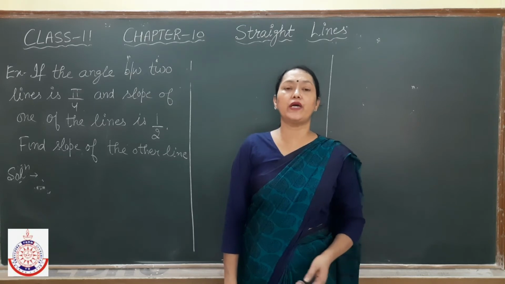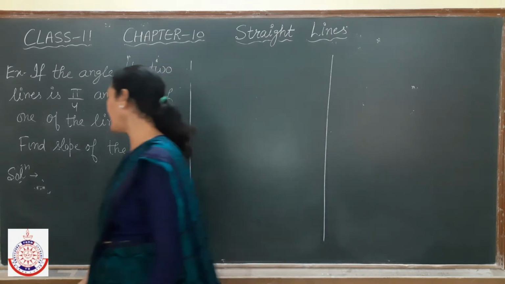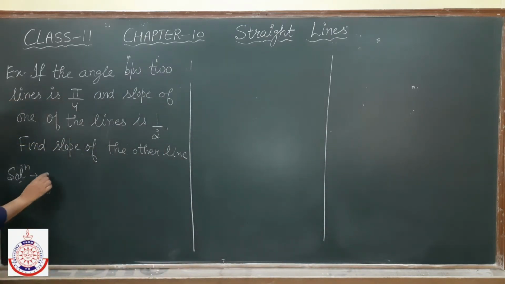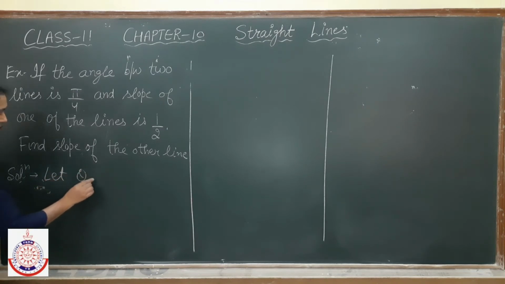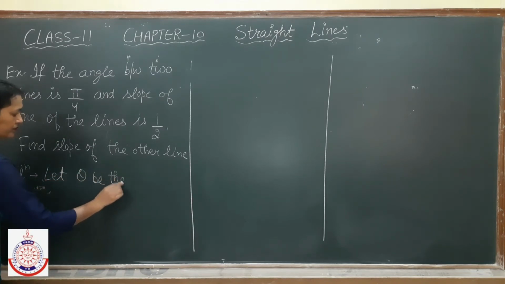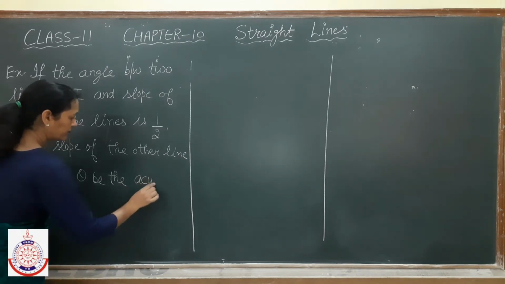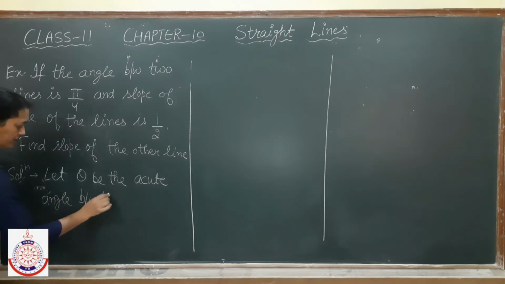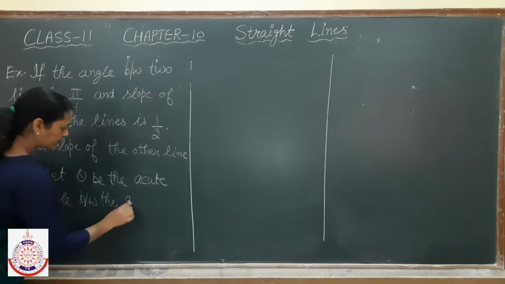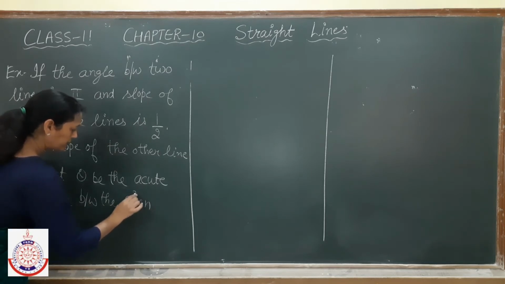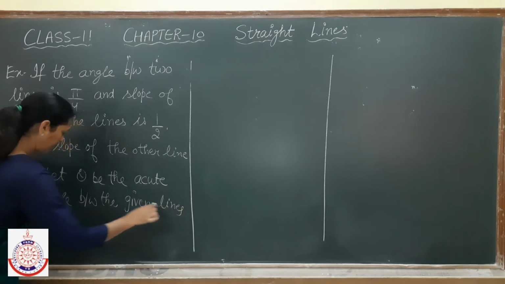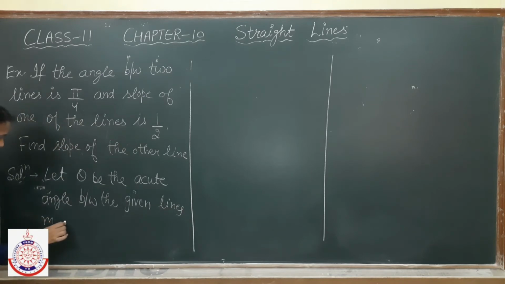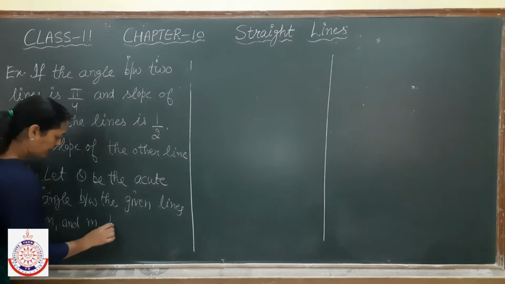Let theta be the acute angle between the two lines and m1 and m2 be the slopes. m1 is the slope of the first line and m2 is the slope of the second line.